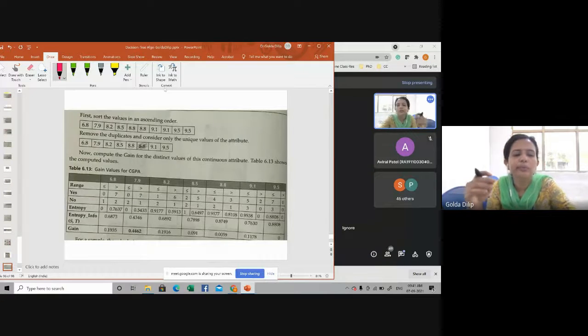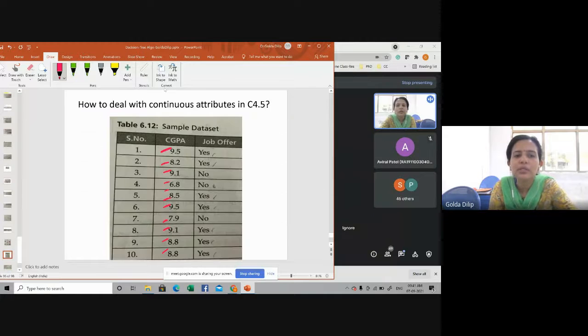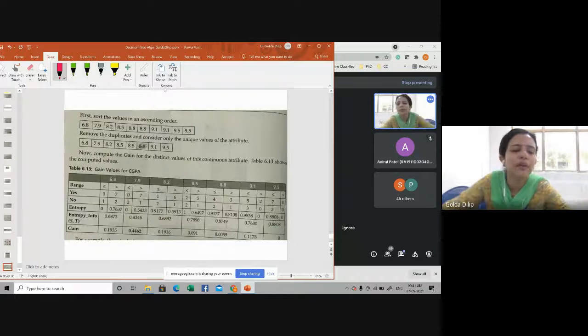When you have a continuous attribute like this, the same data set but with continuous CGPA values, we have to discretize it by finding what is called a split point, or a threshold value.